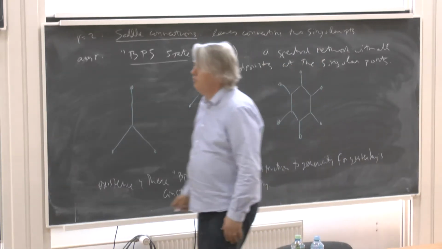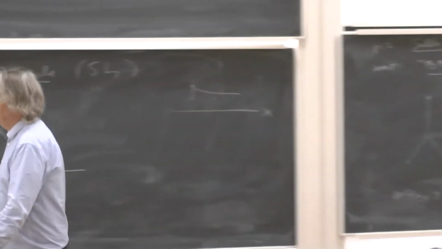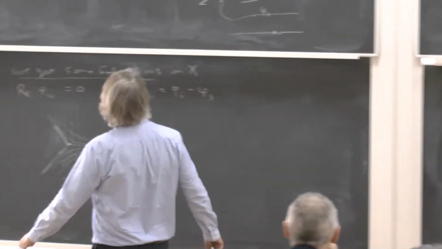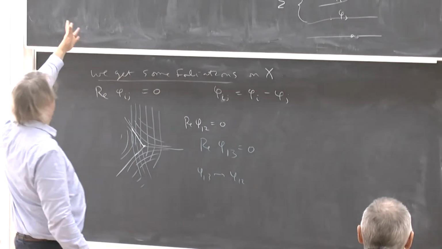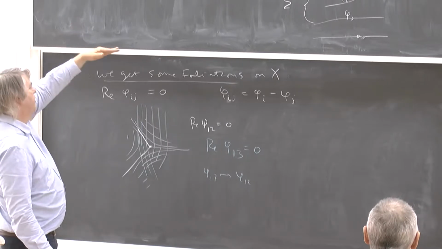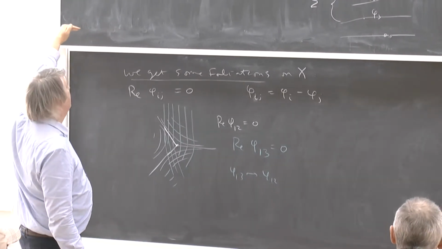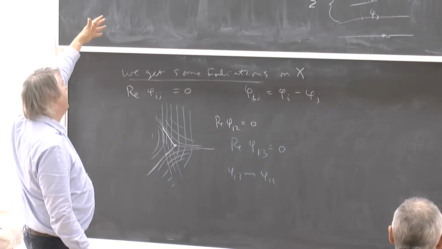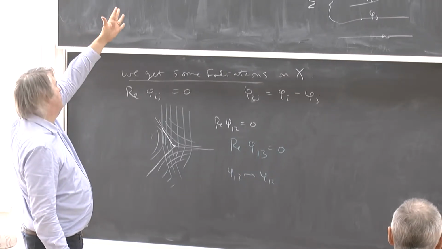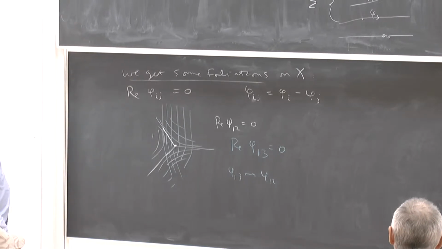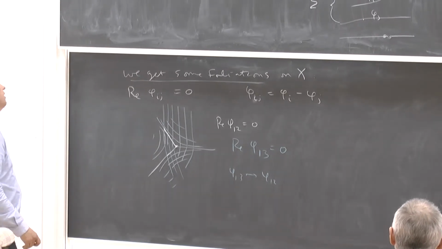When you have a WKB problem, we kind of made a simplification. We just assumed that our matrix was already diagonal, which corresponds to having sigma be split into r different sections. But in general, when you have a WKB problem, then you have a spectral curve, and that defines you a spectral network.